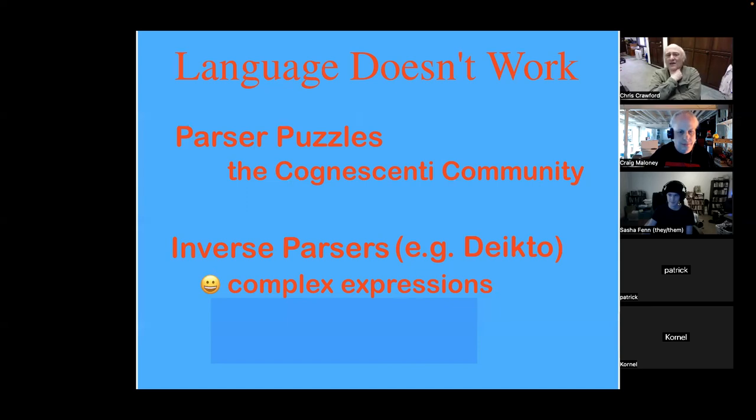What's bad though about this is that we now have what I call the cognoscenti community, the people who know the system. They know the parsers. They know what words are recognized by the parsers. And for them, there are no parser puzzles. It's clearly just a matter of typing in the language. This is a very bad development because it makes the community resistant to change.